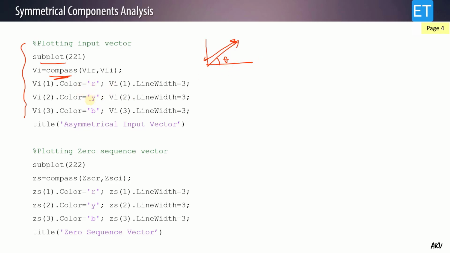I'm using a color code: the first component in red, then the second in yellow, and then blue. And here I'm changing their line width or thickness. So this is the asymmetrical input vector, the input plotting, and here I'm plotting all the zero sequence vectors again with the compass command.